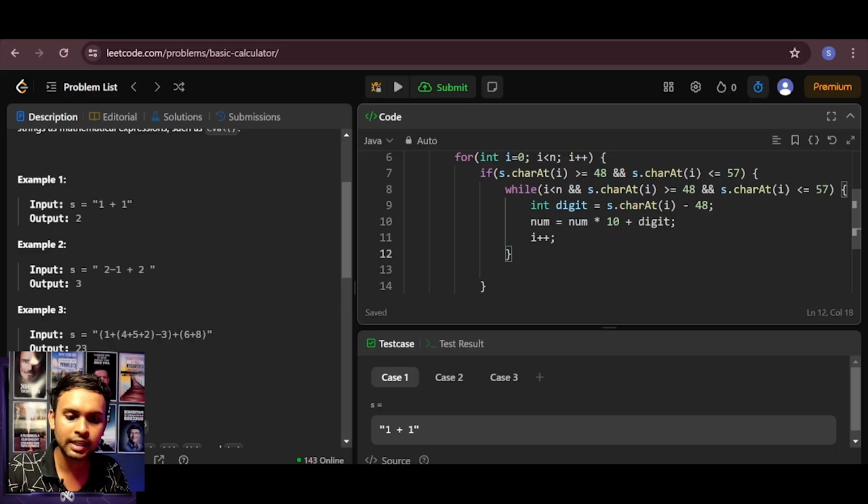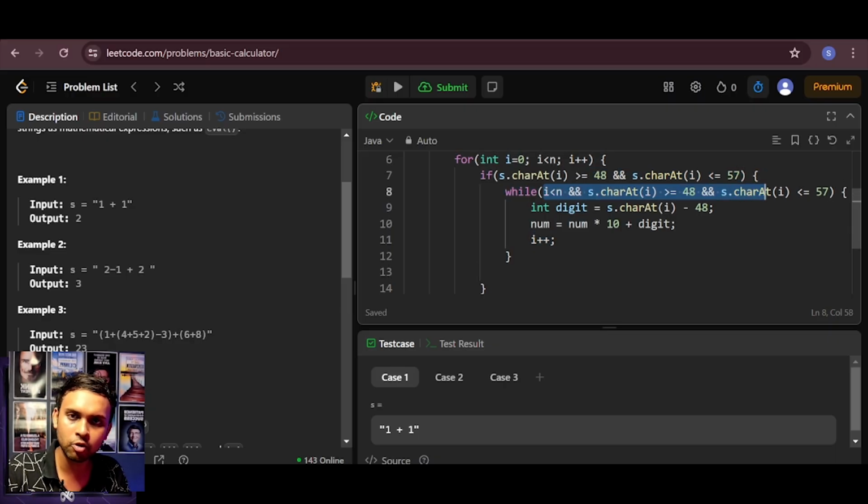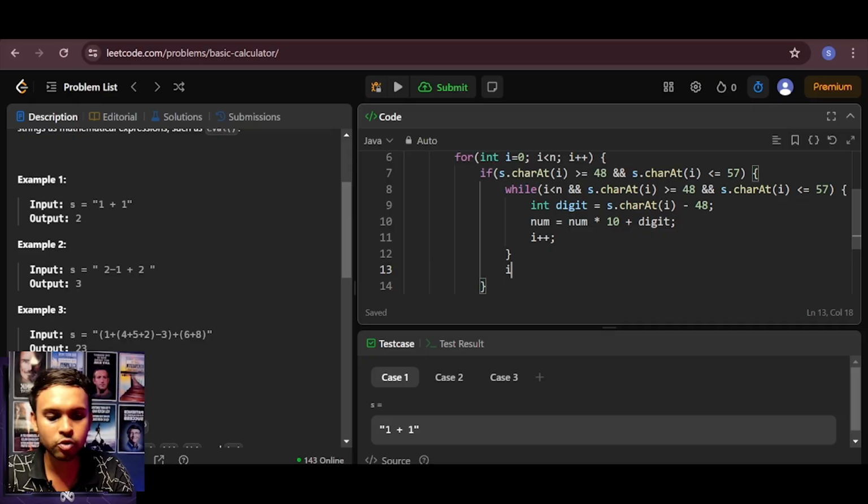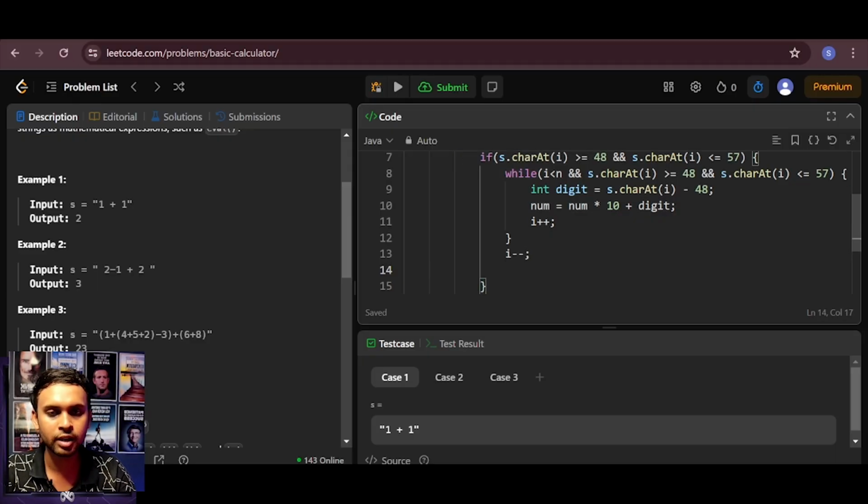So we will stop whenever our number is over, and after coming out I should do an i minus minus. This is what I am telling, because the current character that is not processed, that will be processed, and for that, if it is a plus sign, sign will be set to 1, otherwise it will be set to -1. If it is an opening bracket, I will put stuff in my stack, we'll do all those things, right? So for that I need to do this i minus minus. I hope this is clear, right?